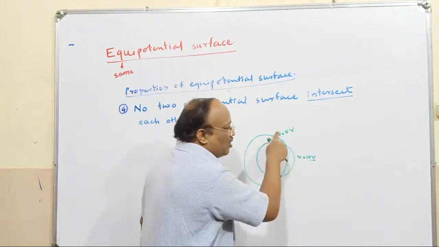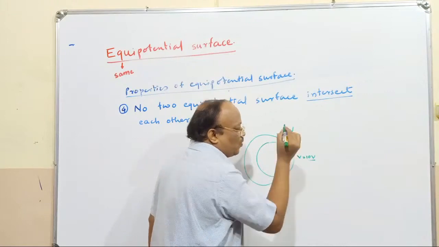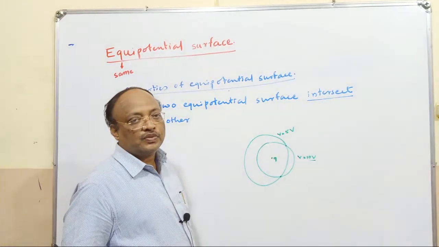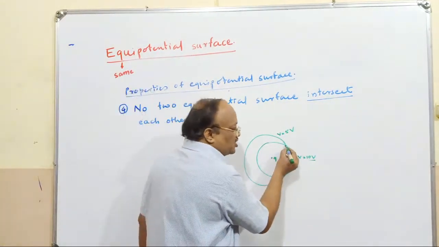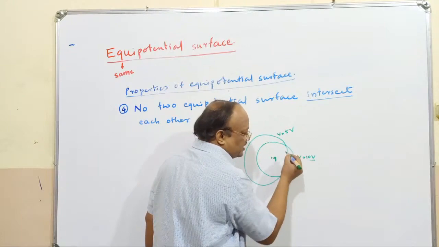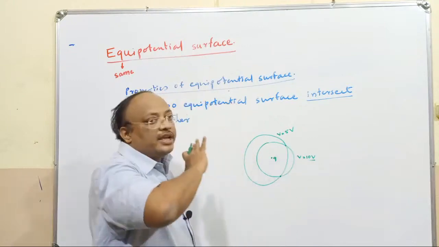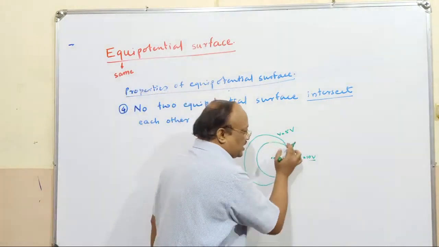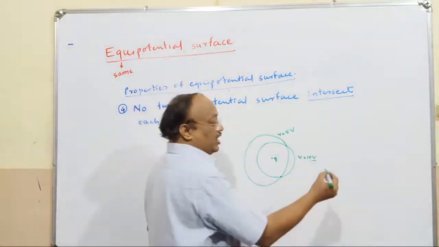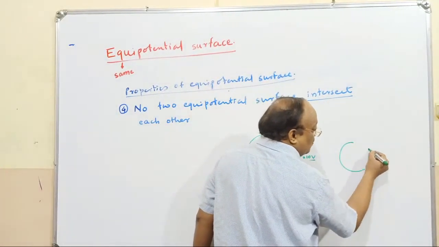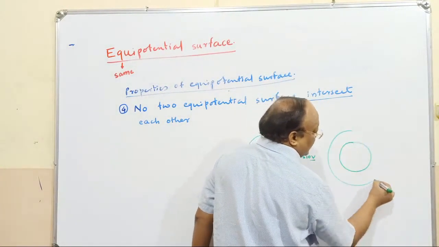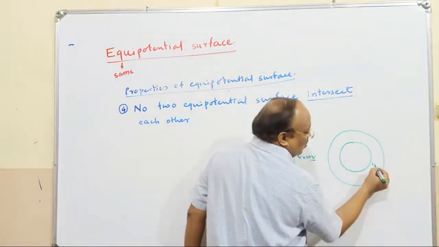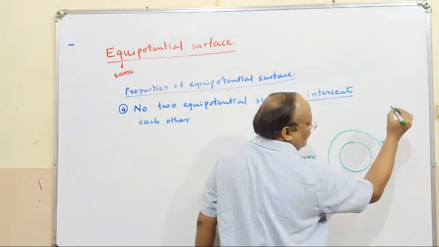So the existence of these intersection points is not possible. It has to be like this: if this is of 10 volts, then this will be of 5 volt.